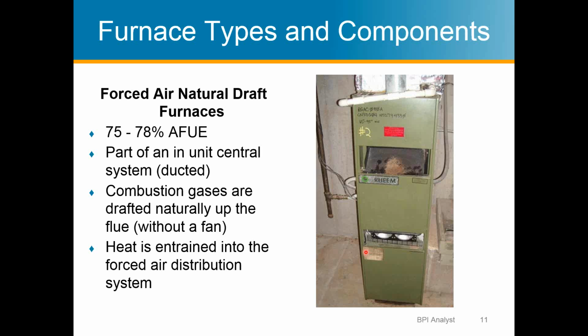So, forced air natural draft furnaces. Forced air means it's got a fan that's forcing air over the heat exchanger. So it's not a fan on the exhaust, it's a fan on the heat exchanger. It's called a squirrel cage blower motor, and I'll have a diagram on the next slide. This is kind of the area that the burners are going to be in.